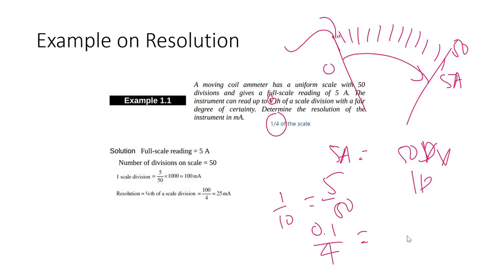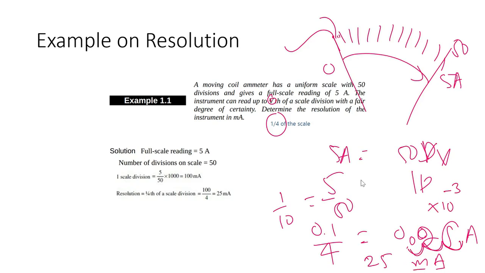So divided by 4 gives us 0.025. So 0.025 ampere is the minimum quantity that we can measure. Now converting this to milliampere, we get 25, because 10 to the power minus 3 is milliampere. So 25 milliampere is the resolution of this particular device.